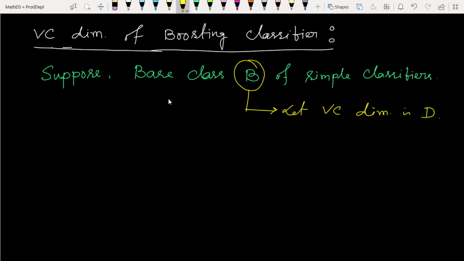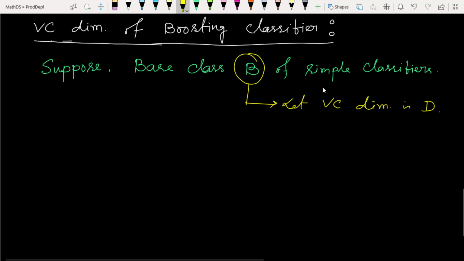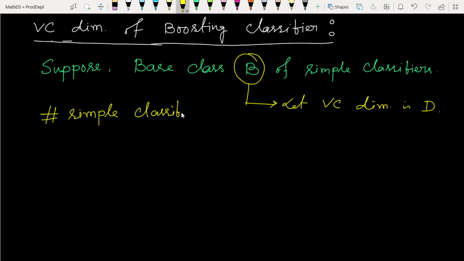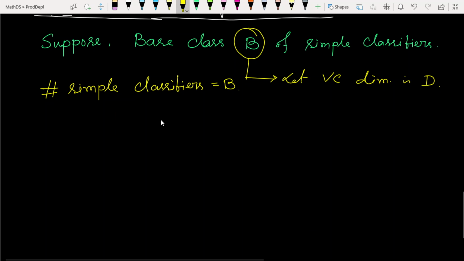Now from these classifiers we have to make some group of classifiers. You can think of B as the number of simple classifiers.